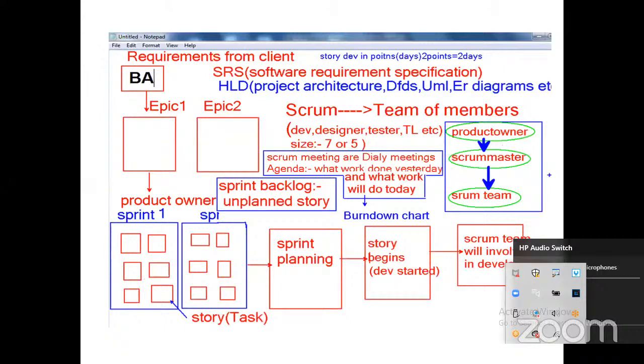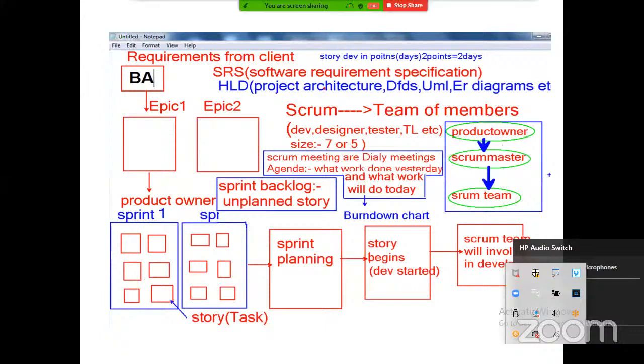Generally, when you develop any project, first the business analyst will gather the requirements from the client. Did you understand? The business analyst will accept the request from the client and divide the total requirements into different tasks. The business analyst will prepare a document called the SRS document, system requirement specification, not software requirement.